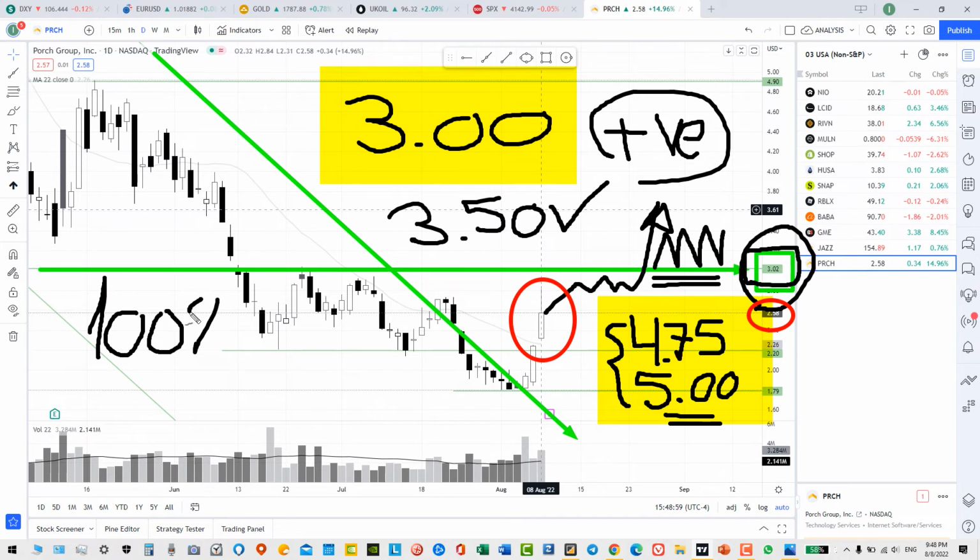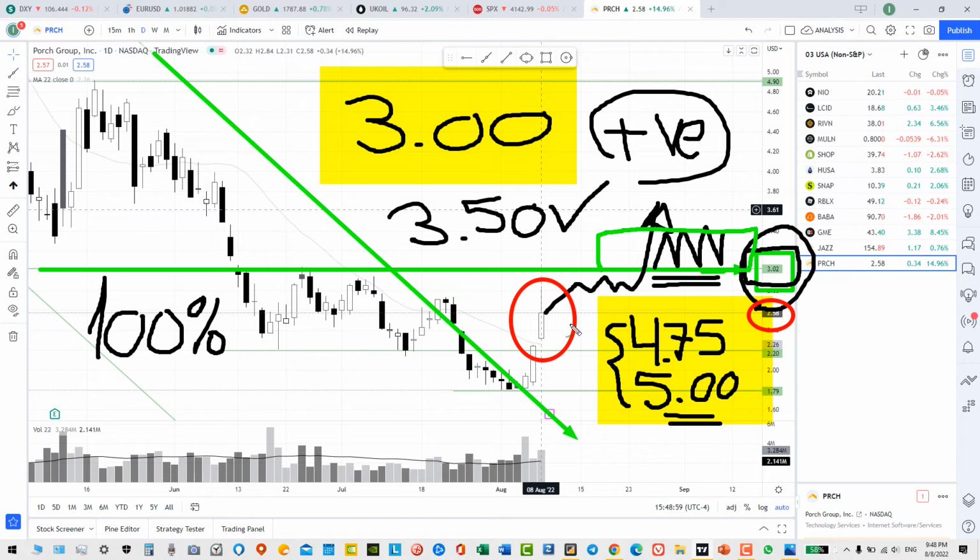Yes, there is a potential, but keep in mind the buying area will range between $3 up to 3.40 or 3.50. So there is a kind of sacrifice. Even if you do some virtual trading, you are not going to rush now.